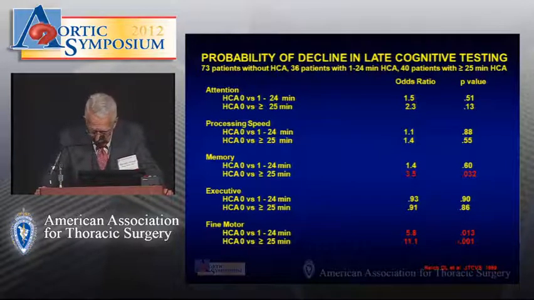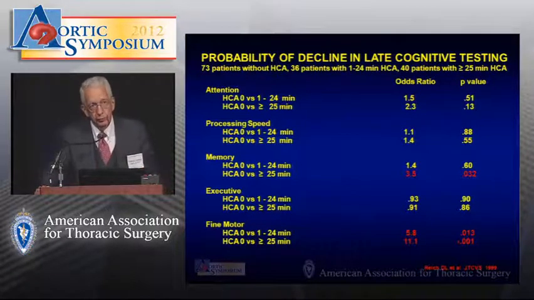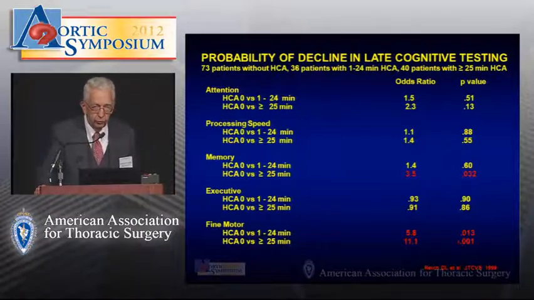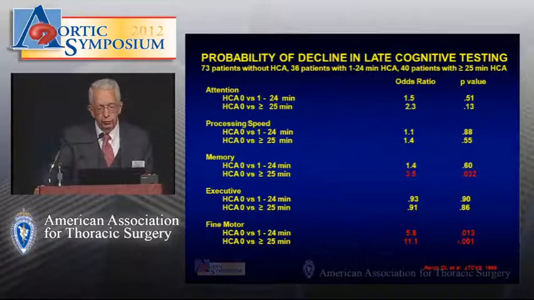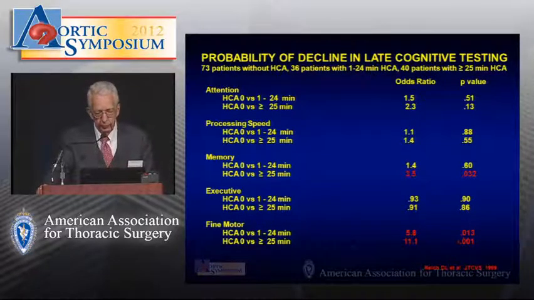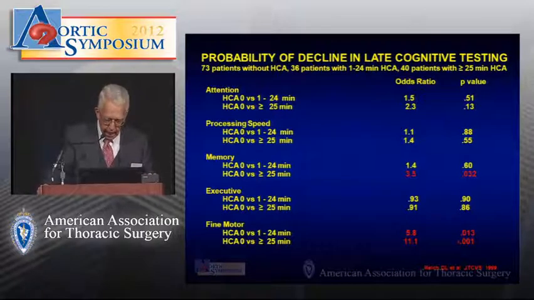This is a study done in patients, some who had routine cardiac surgery without HCA, some who had HCA, and then varying intervals of HCA. Careful cognitive testing was done preoperatively and then several weeks postoperatively, and these were the results.